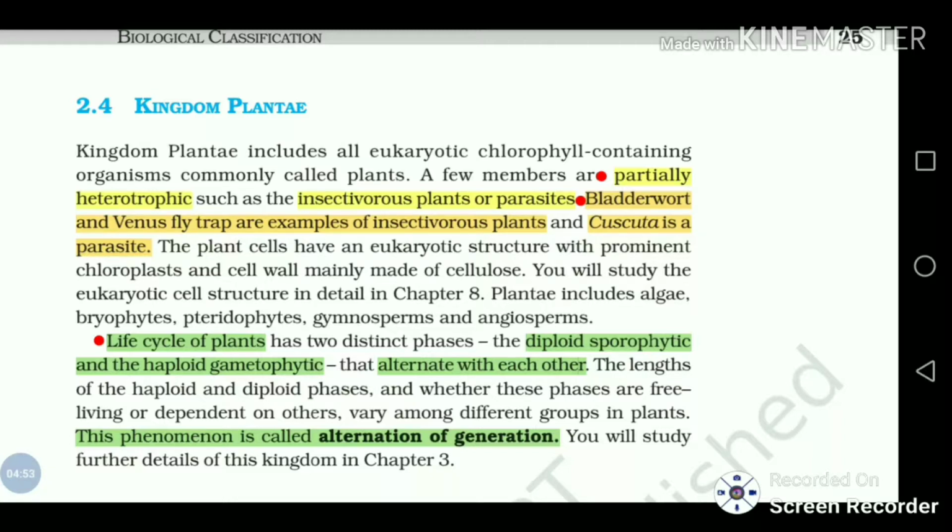The bladderwort and Venus flytrap are examples of insectivorous plants, and Cuscuta is an example of a parasite. Their life cycle includes a diploid sporophytic phase and a haploid gametophytic phase that alternate with each other. Hence, there is a phenomenon called alternation of generation.